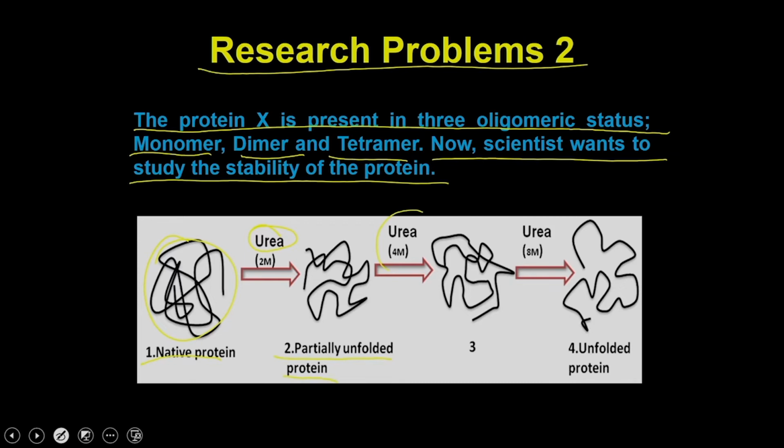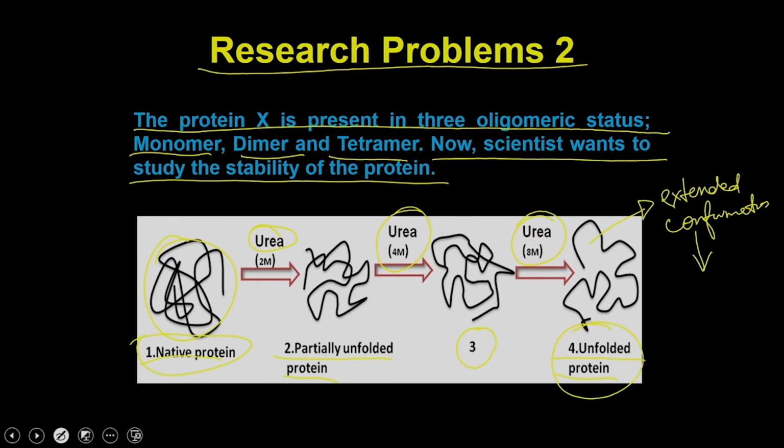When you increase the denaturing condition further, the structure becomes slightly more loose, and at a very high concentration of the denaturing agent, the protein gets completely unfolded and forms extended conformations, which means the radius of this structure is going to be very large compared to the native protein.